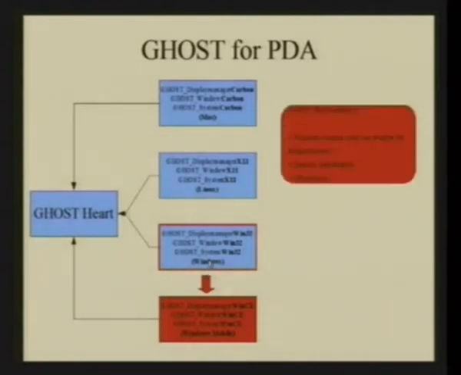And what I did, I took the Windows one and I modified it to meet the requirements of our PDA. At that time, I was also a beginner in the source code, and I received a lot of help from the creators of Ghost, and they explained a lot of things to me.